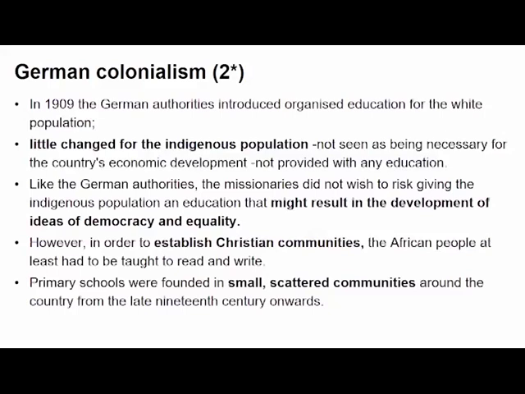And the missionaries as well did not wish to risk giving the indigenous population education, because, as I said, that might have resulted in teaching them about ideas like democracy and equality. But what the missionaries did do is they wanted to establish Christian communities, so they at least taught the African people to read and write. There were some primary schools, but only in small, scattered communities by the late 19th century.